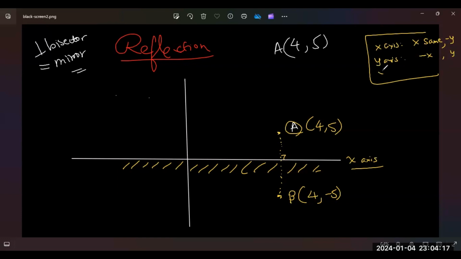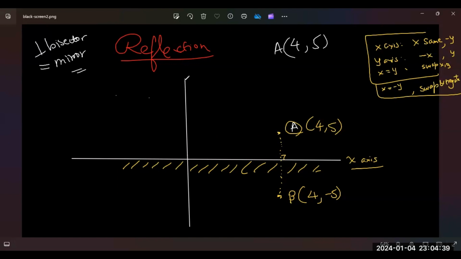If you're doing it for the line y equals x, swap x and y. And if you're doing it for the line y equals minus x, or x equals minus y, swap and then negate. I will explain.